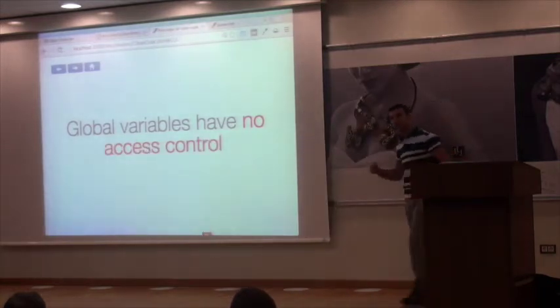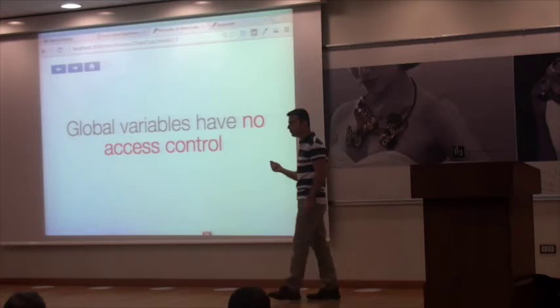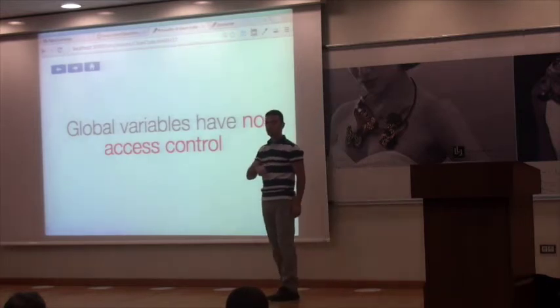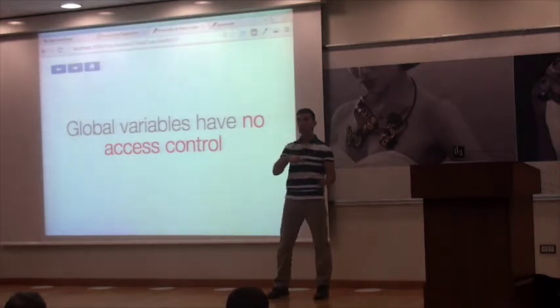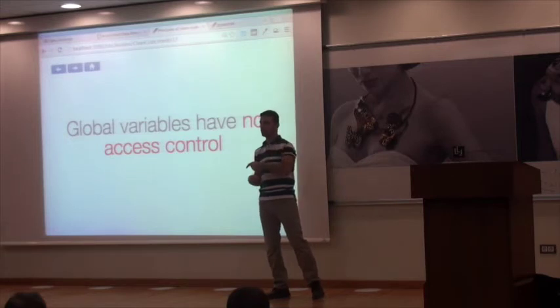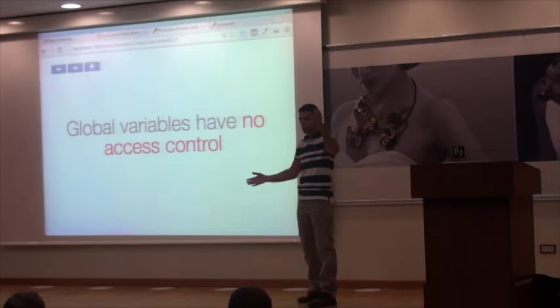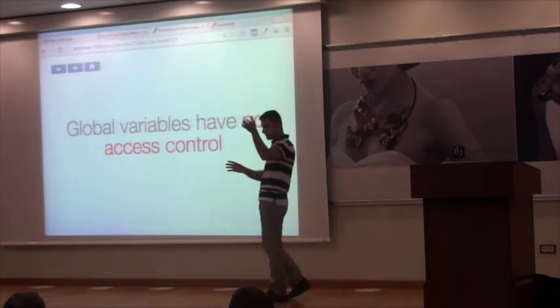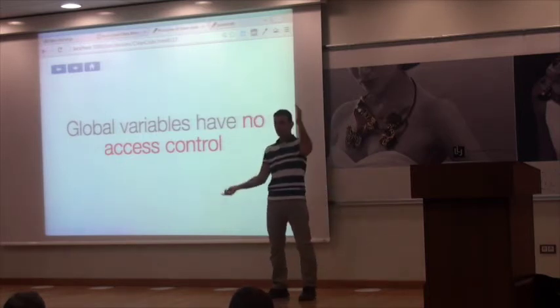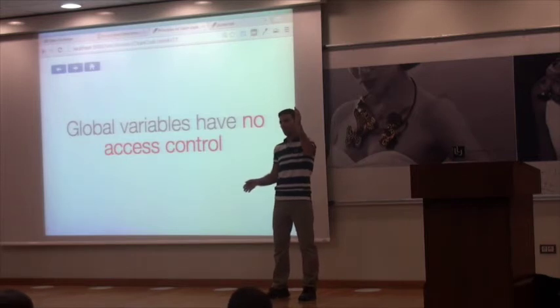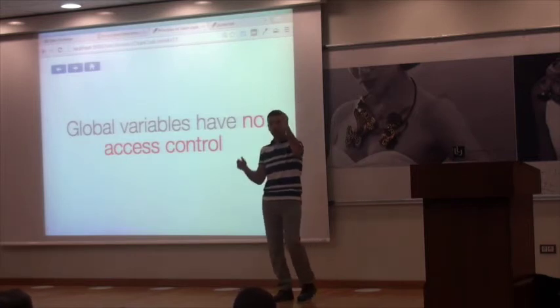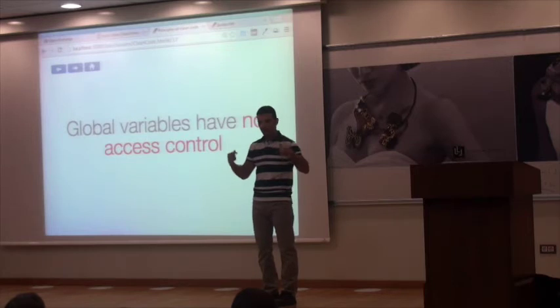Here's another one. It has no access control. Again, this refers not just to the variables you can edit, but also the variables you can read from. No access control means anyone can read it. It's global. And if it's not final, if it's not constant, anyone can modify it. That is very dangerous. Think about it. We're doing everything we can to make reading code simpler.